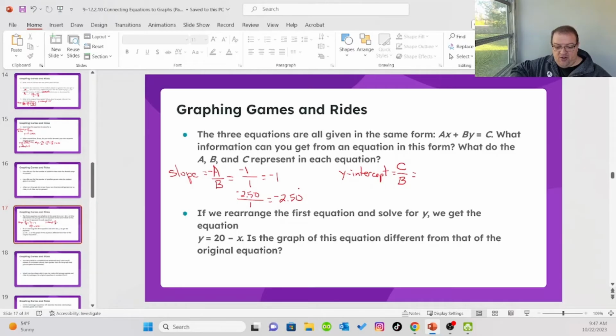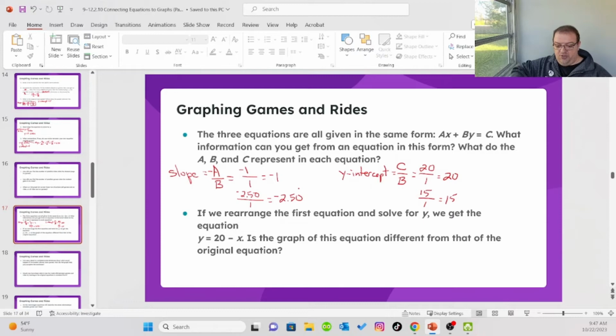So if we think about our original one, we had a c of 20 and a b of 1, which gave us our y-intercept of 20. When we think about our second equation, our c was 15 and our b was 1, and that gives us our y-intercept of 15.